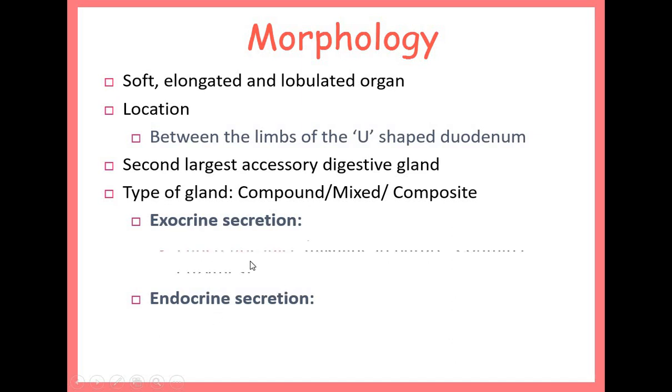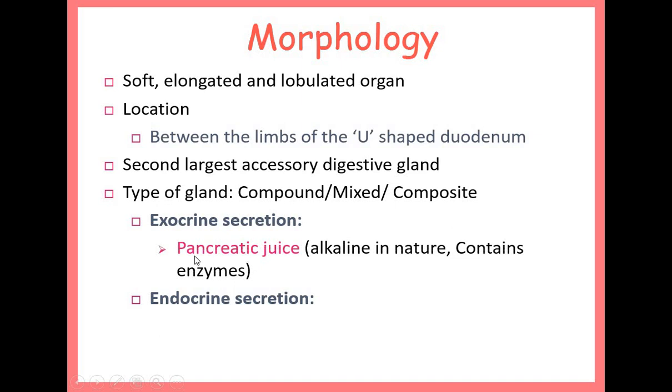Exocrine, that is pancreatic juice, as we have discussed in the earlier diagram. It releases a juice which helps in the digestion, and this juice is basic in nature, alkaline in nature, right? It contains few enzymes which are zymogens. Say for example, for protein digestion, there are trypsinogen, chymotrypsinogen, and procarboxypeptidase.